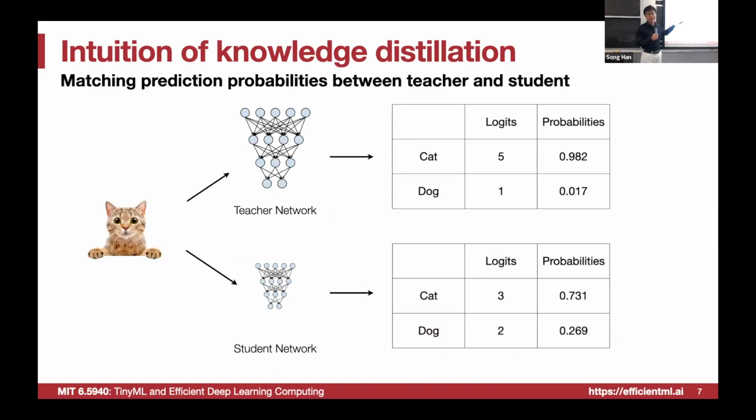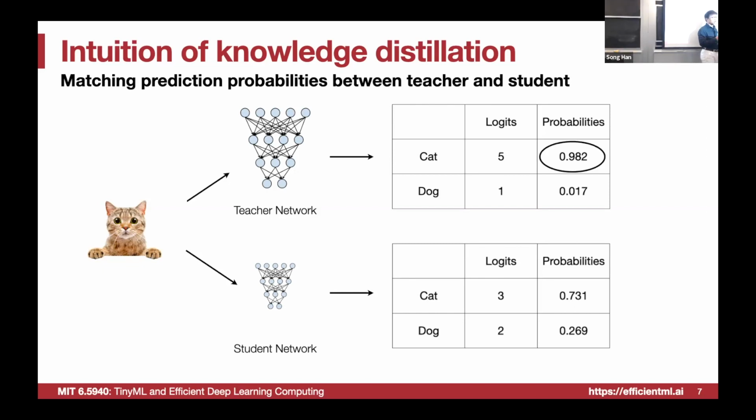Given this image, a cat, we pass it through a teacher network. Assume this is a 2-class classification, cat versus dog. And the larger model says the logits are 5 and 1 after the last layer. And we pass it through the softmax and we get the probabilities. So this is the logit, this is the probability.